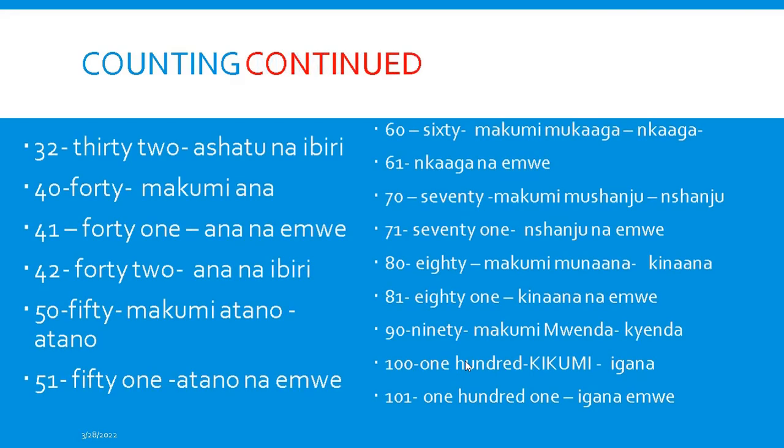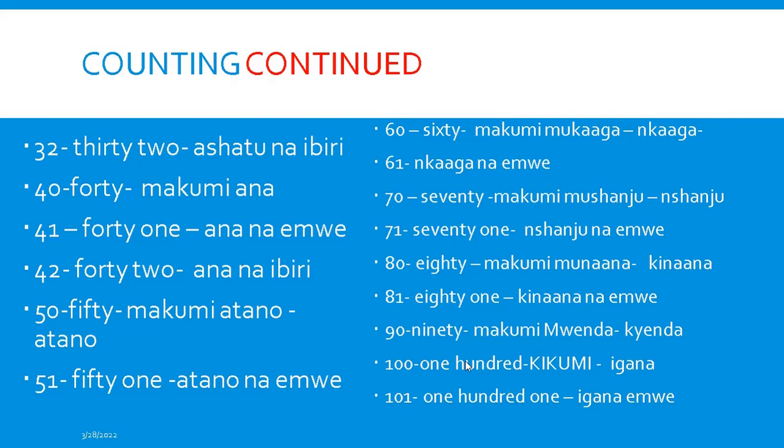Got 60, makumi mukaga, or you can say nkaga. 61, nkaga n'emwe. 70, makumi mushanju, or you can say nshanju. 71, nshanju na emwe. 72, nshanju na ibiri. 73, nshanju na ishatu. 79, nshanju na mwenda.